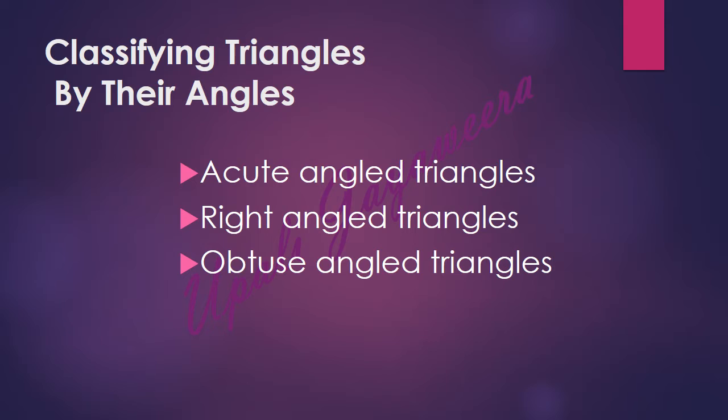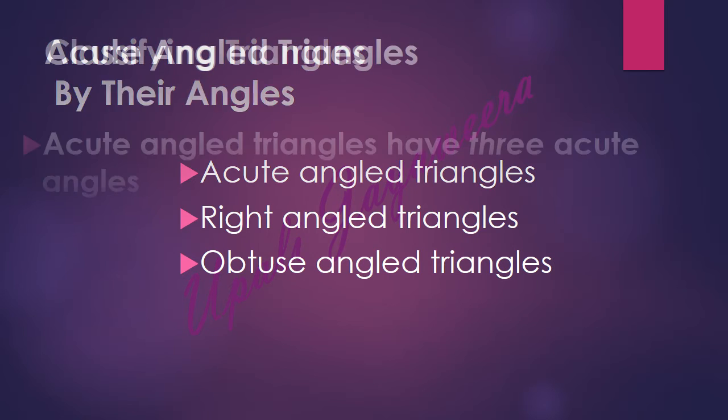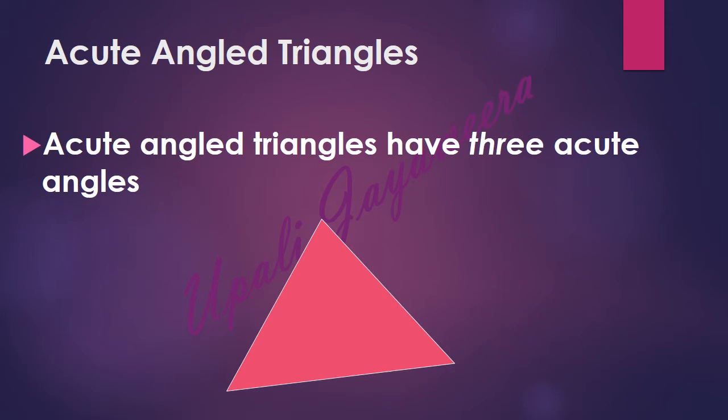Now we'll classify triangles by their angles. By their angles, we can classify triangles into three types: acute angle triangles, right angle triangles, and obtuse angle triangles. Acute angle triangles have three acute angles.